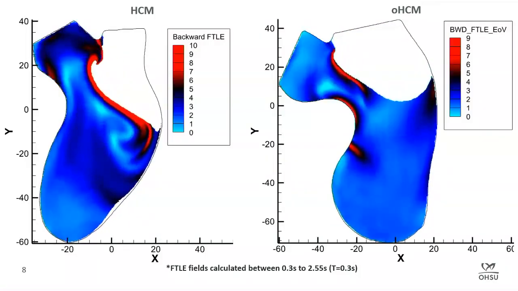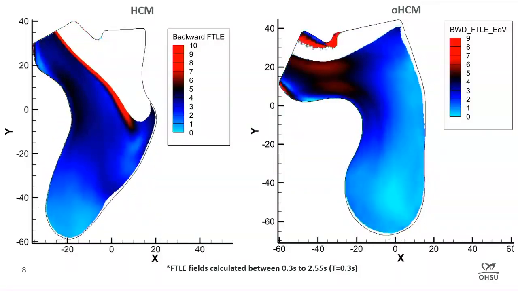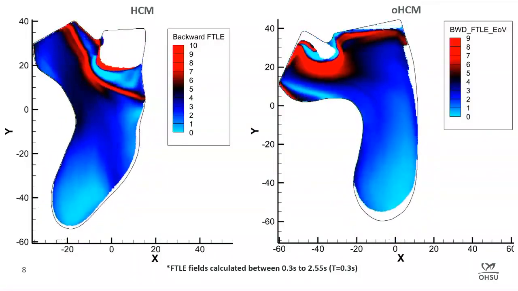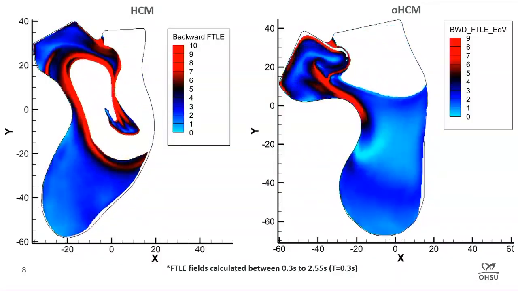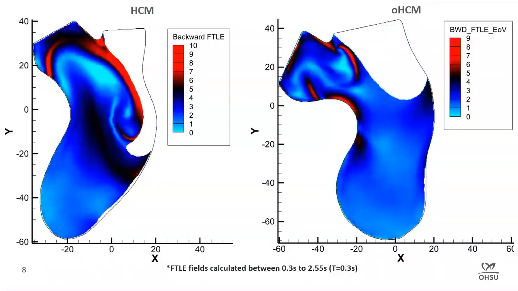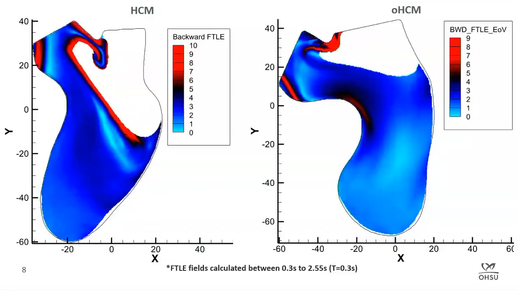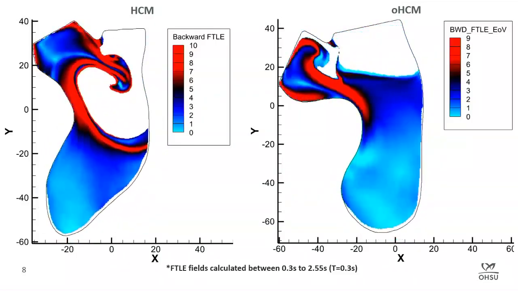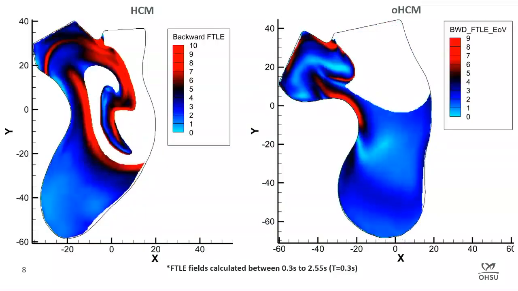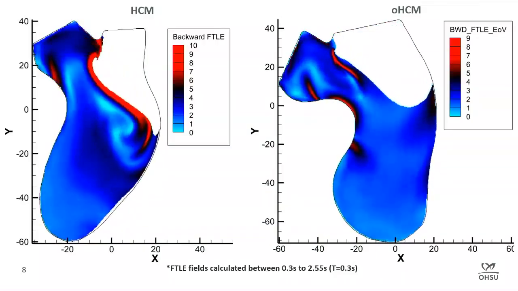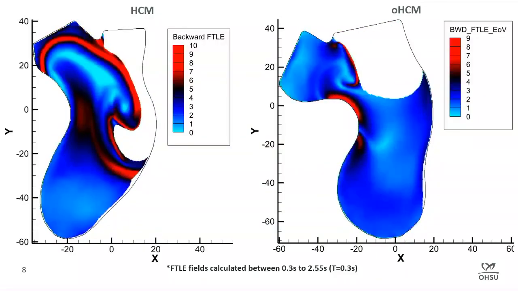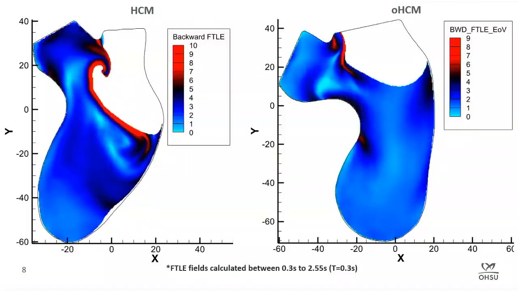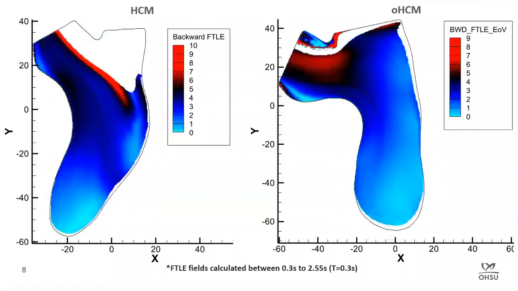This is pure stretching, so it cannot detect the vortex core, but it shows the vortex boundaries. If you compare the HCM and OHCM cases, the HCM has big, solid FTLE lines that move to the middle of the left ventricle. However, the OHCM case has small and short stretching lines.